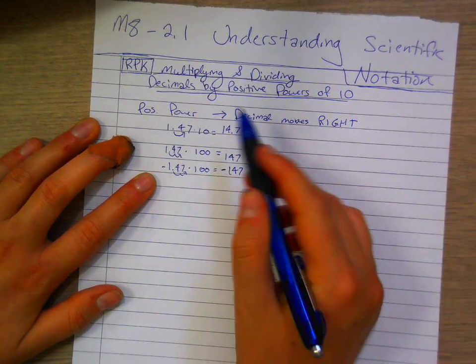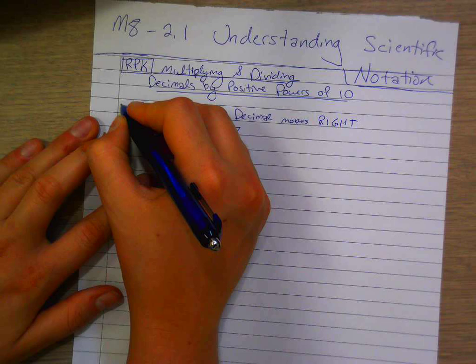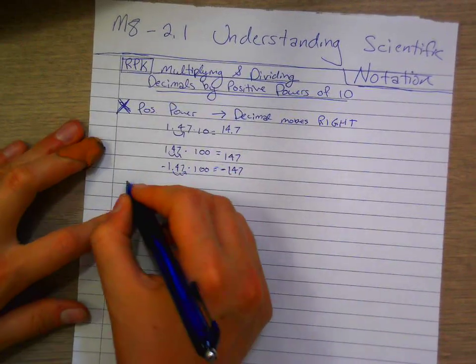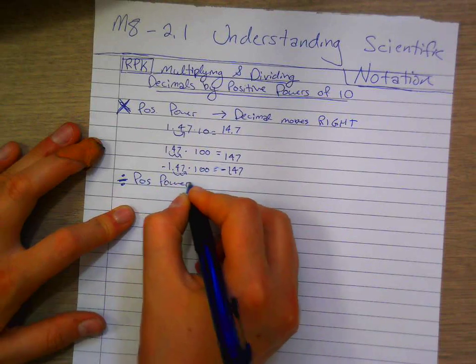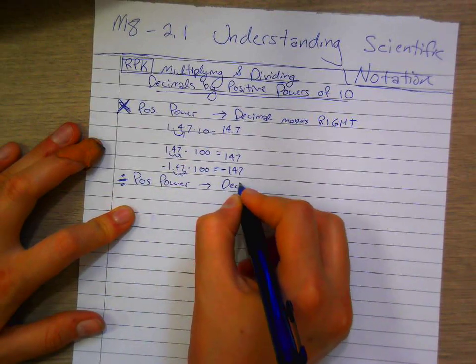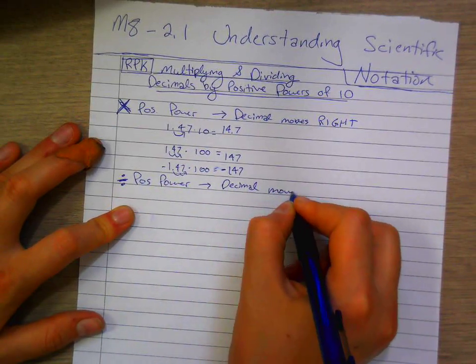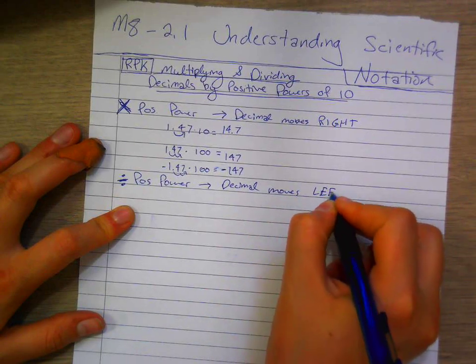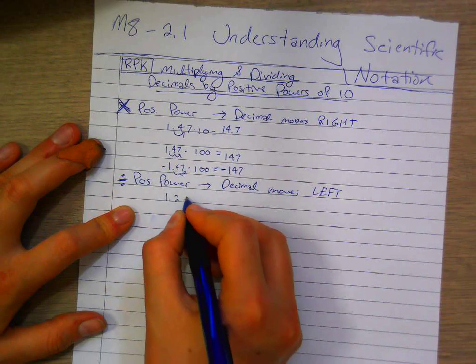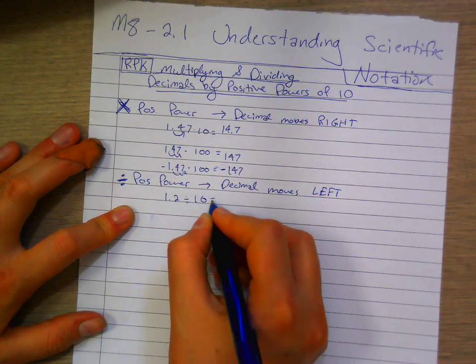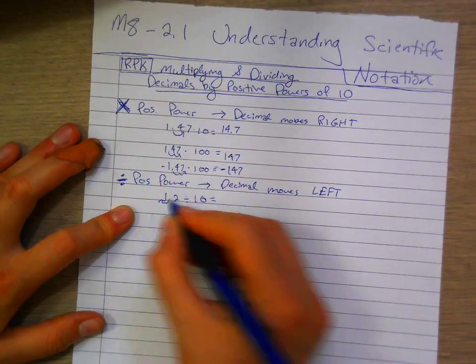But if we are dividing by something with a positive power, the decimal moves left. So if we have 1.2 divided by 10, that's going to equal, it goes over 1, so 0.12.